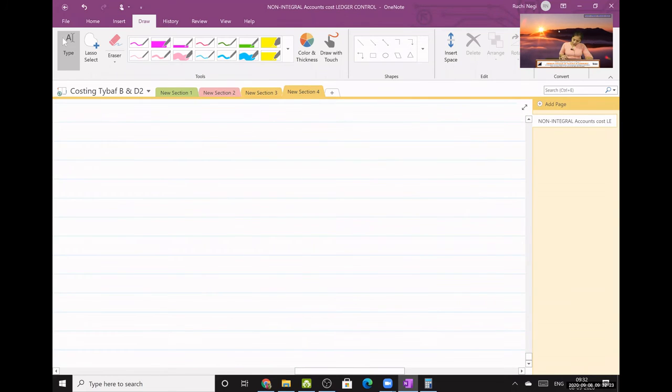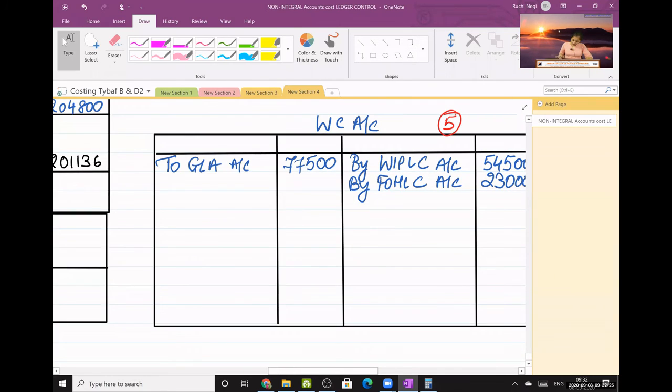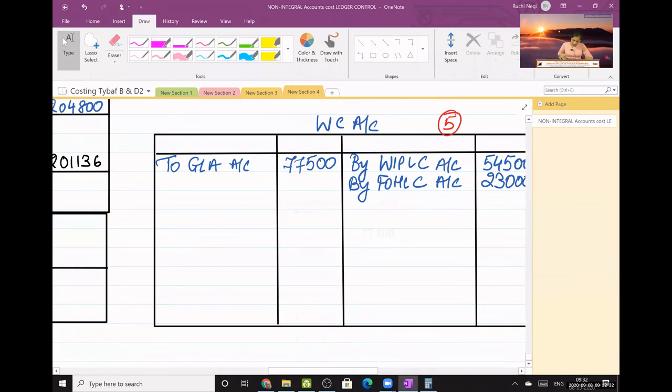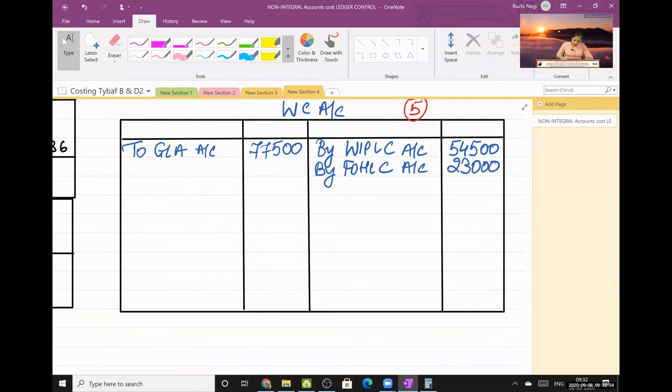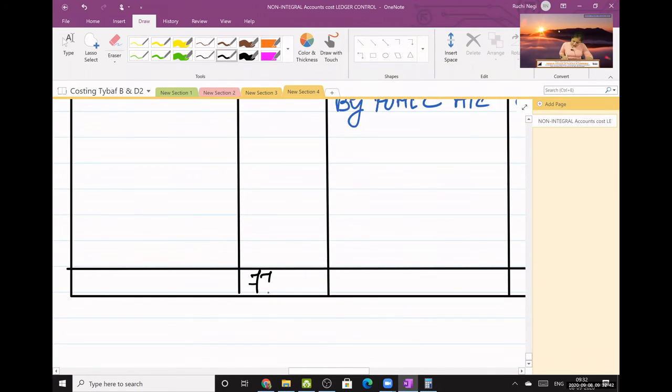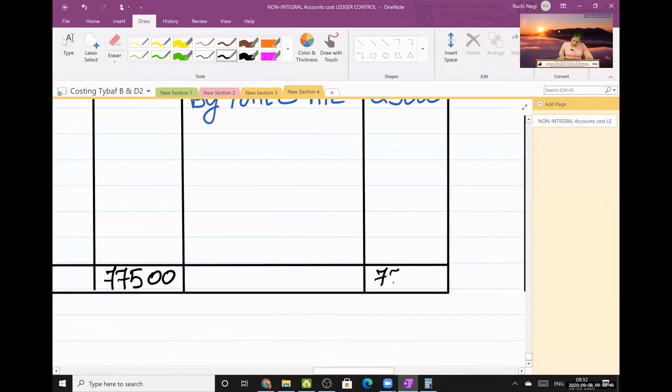Wage control. 54,500 plus 23,000. So it is tallying. Write it down. Right here, 77,500. Okay. And it's getting tallied.